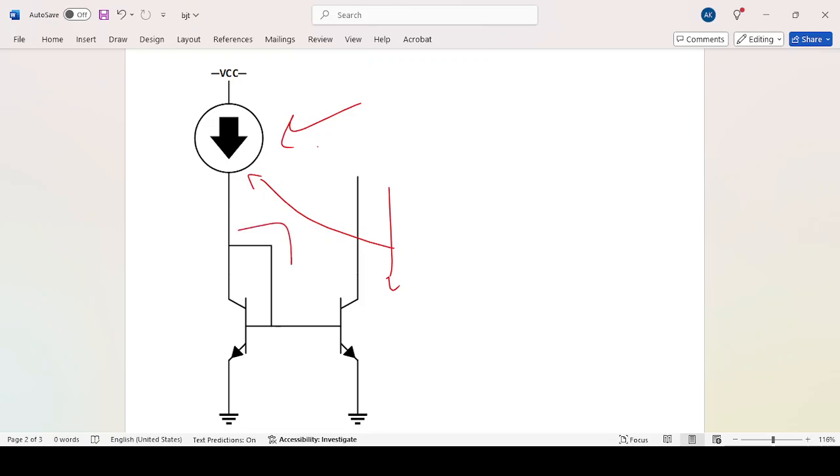In CMOS you do not have this phenomenon, there is no current at the gate, and this is the basic reason that we like CMOS in digital. But here this phenomenon causes a little bit of inaccuracy between the reference current here and the output current. I just wanted to mention this.